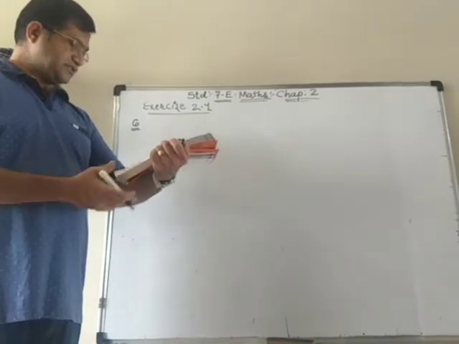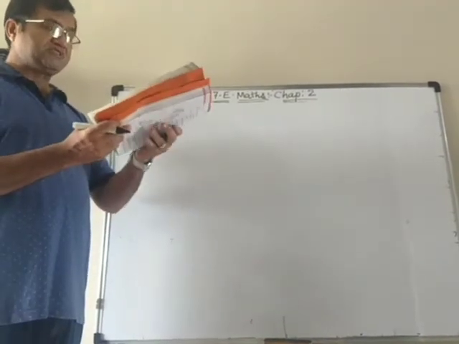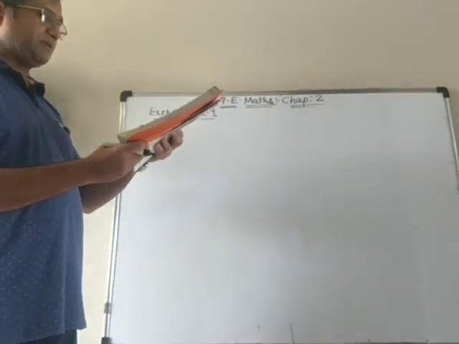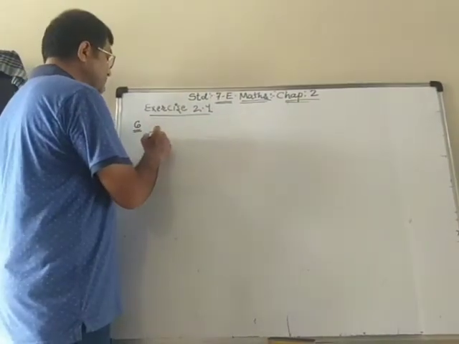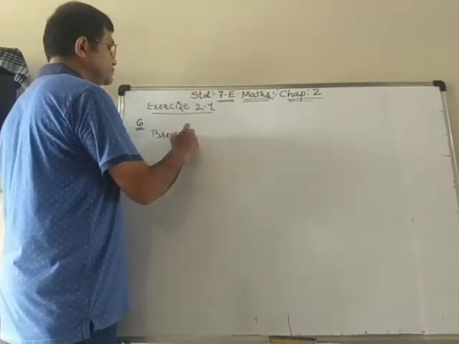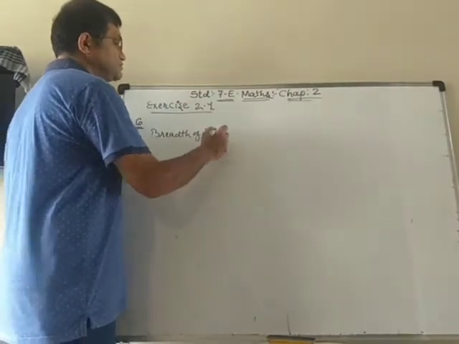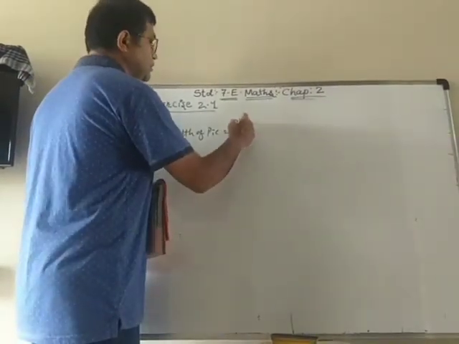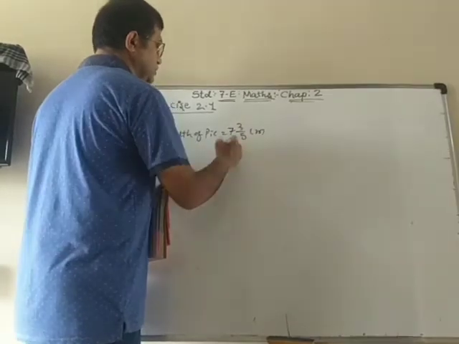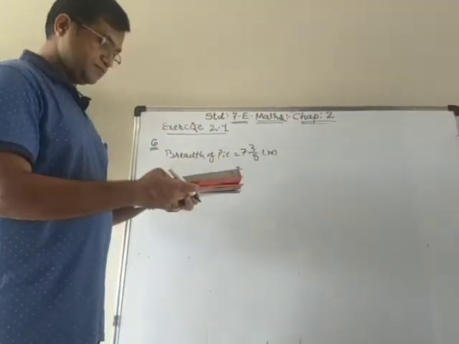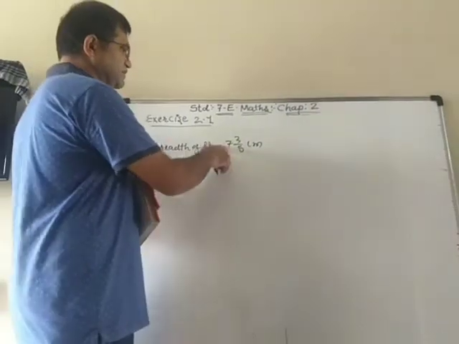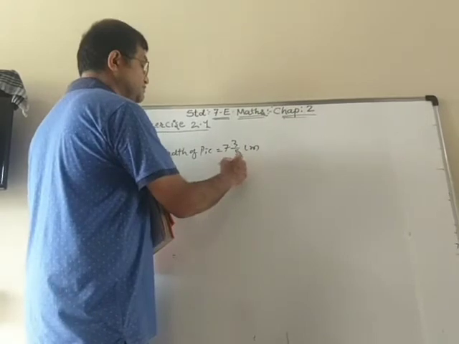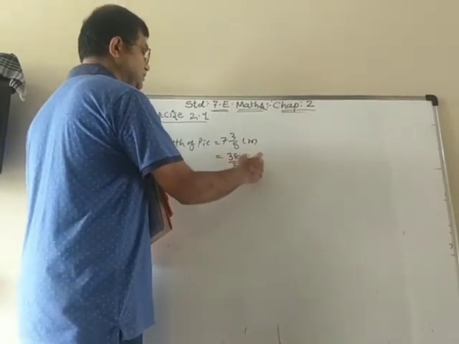6. Salil wants to put a picture in a frame. The picture is 7 integer 3 by 5 centimeter wide. Means the breadth of the picture is given. Breadth of picture is 7 integer 3 upon 5 centimeter. We can convert it into an improper fraction. 7 5s are 35 plus 3, 38 upon 5 centimeter.